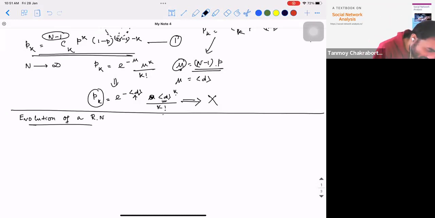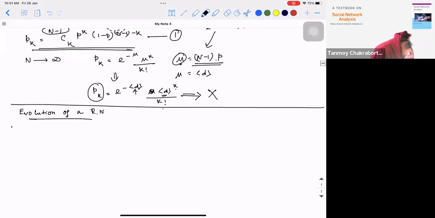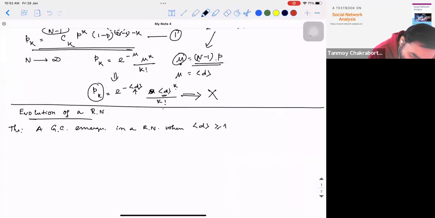And what is the theory? The theory says that a giant component, GC, emerges in a random network when the average degree of the network is greater than or equal to 1.